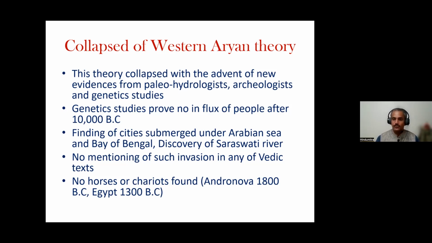Even though the Rig Veda talks about Saraswati as a river that flows like a goddess, they completely ignored it and made it a deity of the natives. But the new evidences show that there was a river called Saraswati, which shows the authenticity and proves it again from our literary sources.